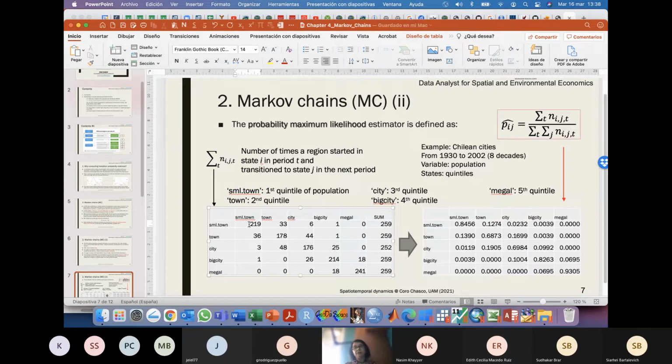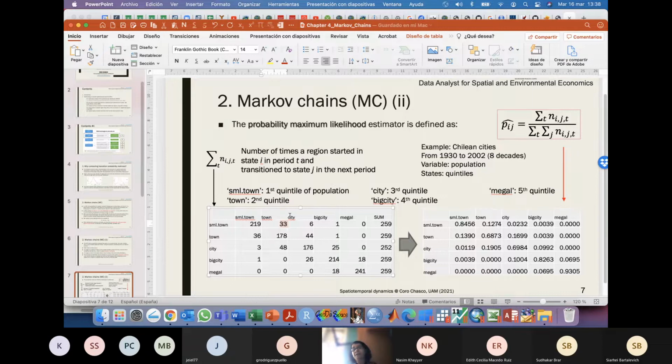So 219. Only 33, and 6, and 1 are the rest of the instances, to sum to 259, which is more or less the number of instances for each of the quintiles.